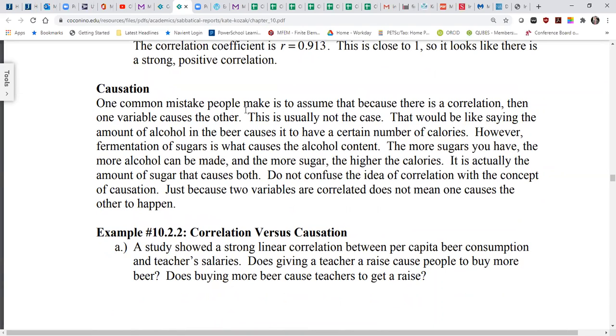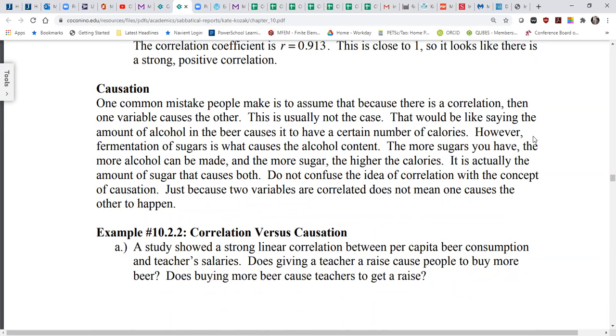One common mistake people make is to assume that because there is a correlation, one variable causes the other. Okay, this is usually not the case. That would be like saying the amount of alcohol in the beer causes it to have a certain number of calories. Okay, so no, this is not the case.